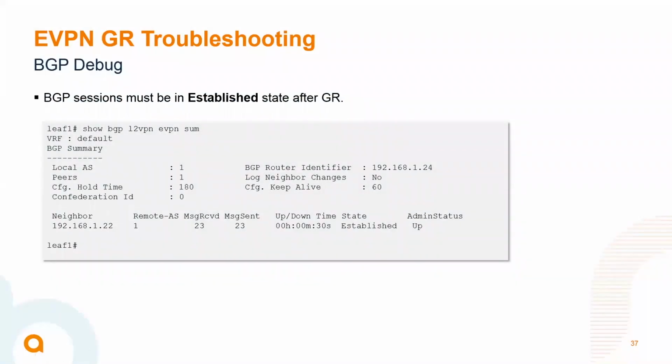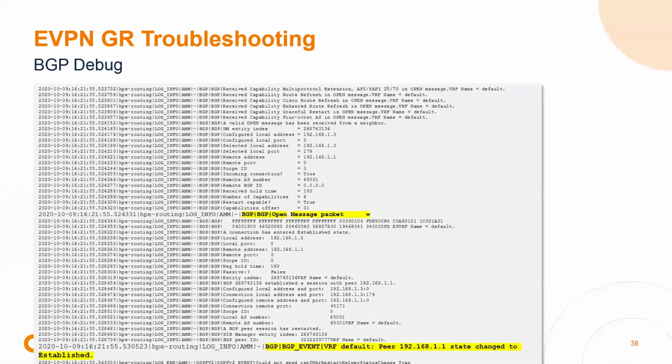So with EVPN GR troubleshooting, the very first step for us is to check whether the BGP sessions are in established state after GR. Right after GR, it's a reset session, like Vincent was explaining before. First and foremost, check that the sessions have come up, and you can also check the same thing in the log, where we are logging the open message packets from where to where, the local address and the remote address and other details.